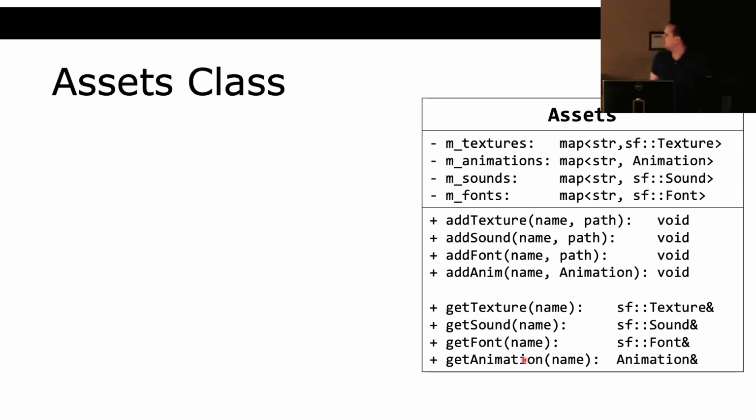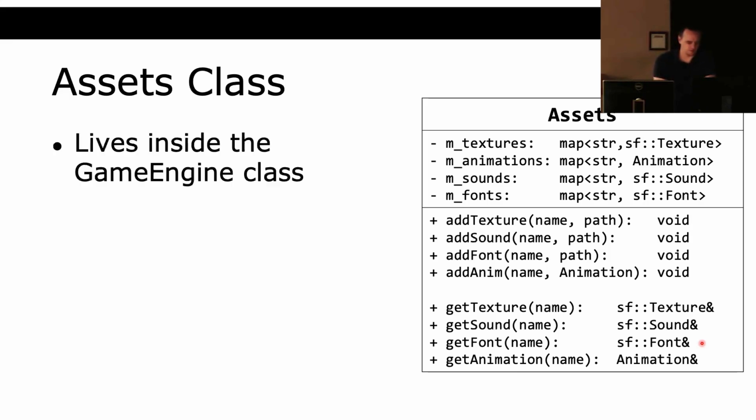And the important part here is that getting an asset is going to return a reference to that asset. So whenever we get the texture, we're not duplicating the texture. Whenever we get a sound, we're not duplicating a sound. If we left off this ampersand, it's going to copy it, right? So make sure that we're getting a reference to these things, not a copy of those things.